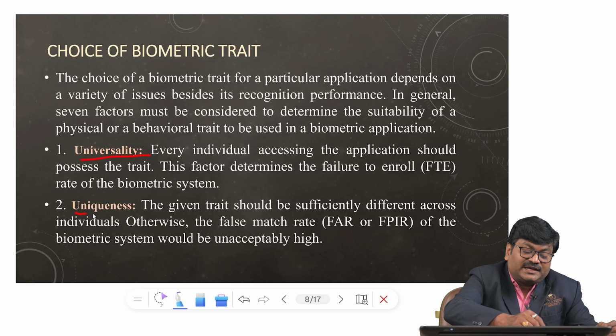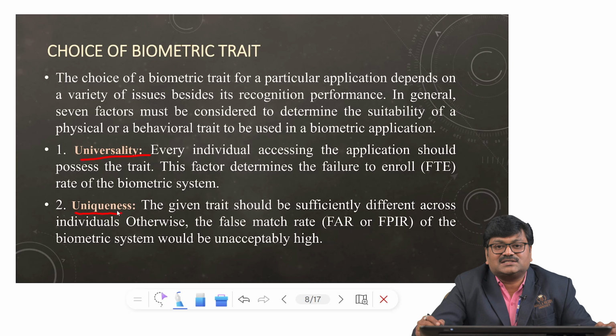And the next thing is uniqueness, where the trait which we are choosing must have distinct characteristics for the individual, and they cannot be matched with any other characteristics or any other user.